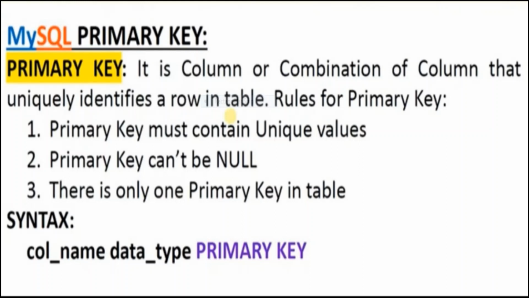But if the table is such that we don't have any single field which qualifies to be a primary key, then we will combine one or more fields together to make the primary key. I'll let you know how. The nutshell is that there will be only one primary key in the table. We cannot have more than one primary key in a single table.